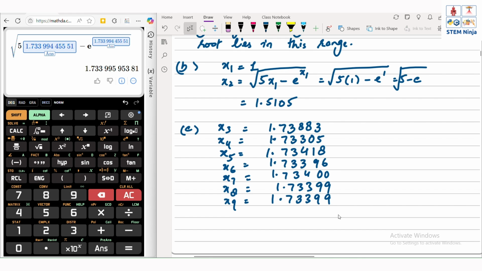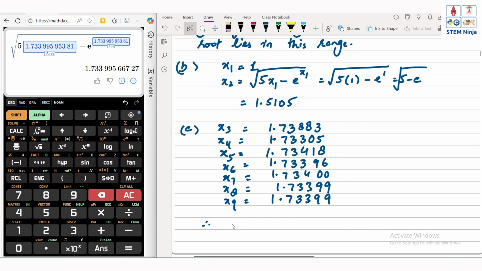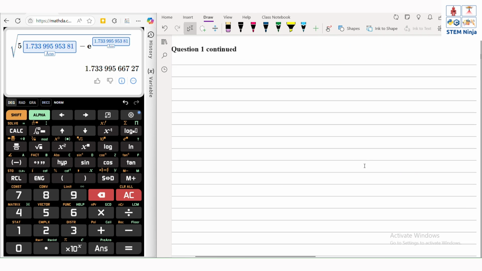Even if we try again, we will get the same value for 5 decimal places. So therefore, alpha is going to be 1.734. Okay, so that was the question. Easy. Let's move on to the next question.